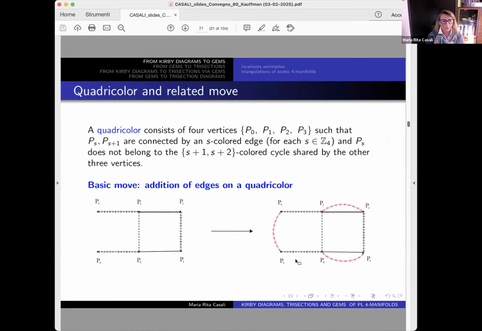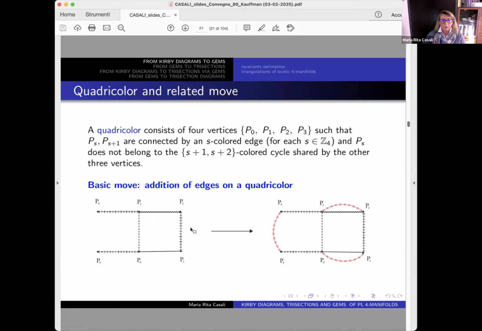It is worthwhile to note that, up to possible addition of a pair of opposite curls on each framed component, it is always possible to find a particular subgraph called quadricolor, consisting of 4 vertices cyclically connected by edges of all 4 colors, so that each vertex does not belong to the bicolor cycle containing the other 3 vertices.